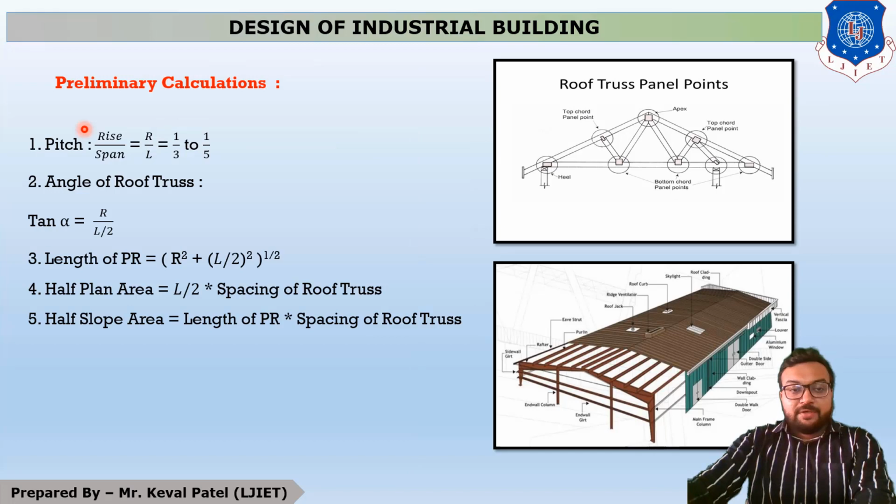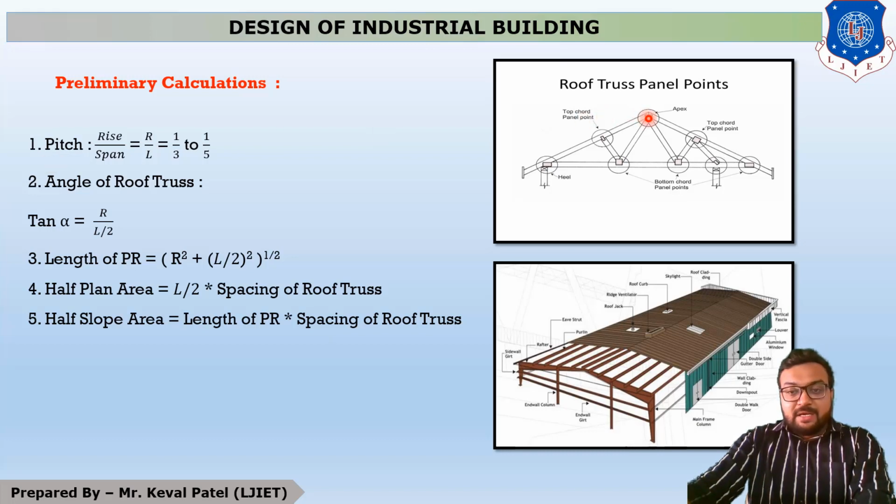After that, these five are the preliminary dimensions which you need when you start to calculate dead load, live load and wind load. Students, these are the most important five preliminary dimensions, useful in your example number 1. Our first preliminary dimension is called pitch.